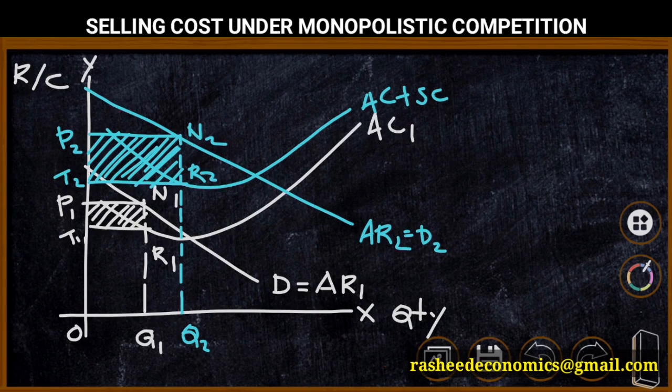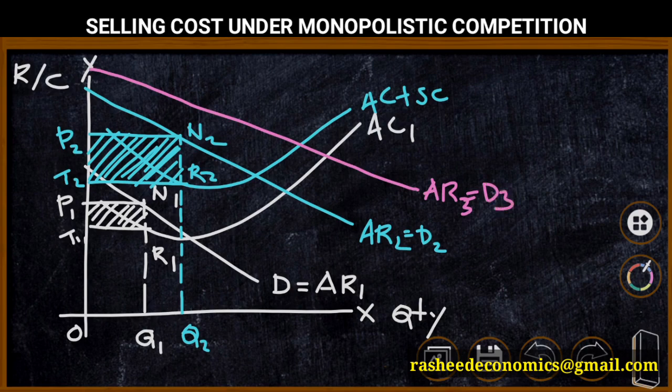Now the firm is going to spend a little more money as selling cost. Automatically this demand curve will shift rightward. The new demand curve is AR3, which is equal to D3, corresponding to the increase in selling cost. This cost curve also increases. This is the average cost plus selling cost 2.